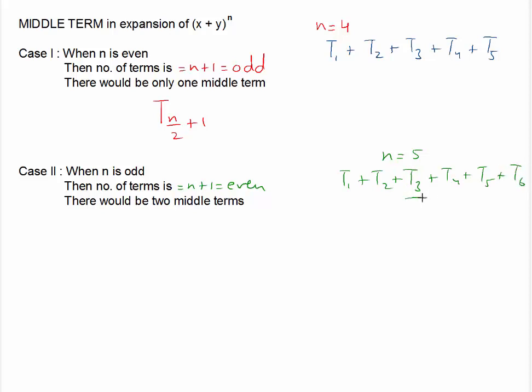So there would be two middle terms, t3 and t4 in this case. The middle terms in general would be t((n+1)/2) and t((n+1)/2 + 1). Note that these two terms are consecutive, and when you substitute n as 5, we get 3 and 3 plus 1, which is 4. Students are advised to memorize these different cases.